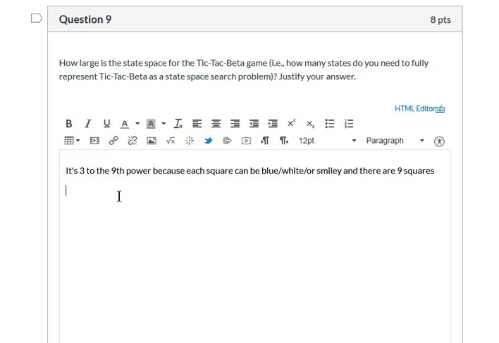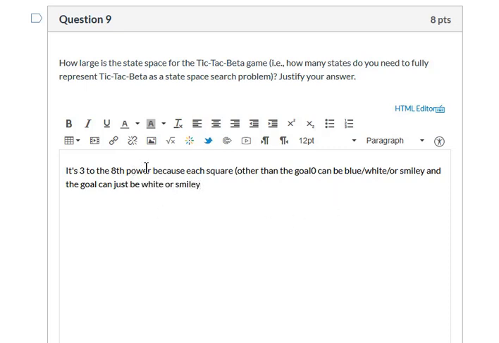I would be happier if you said it's 3 to the 8th power, because each square other than the goal can be blue, white, or smiley, and the goal can just be white or smiley.